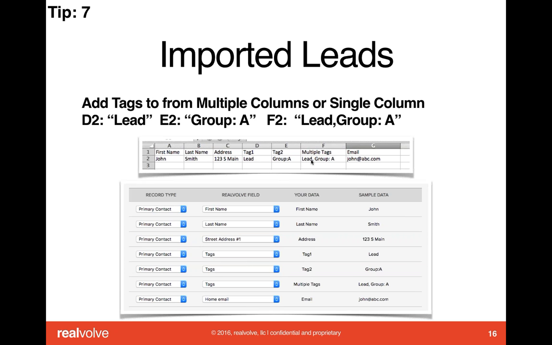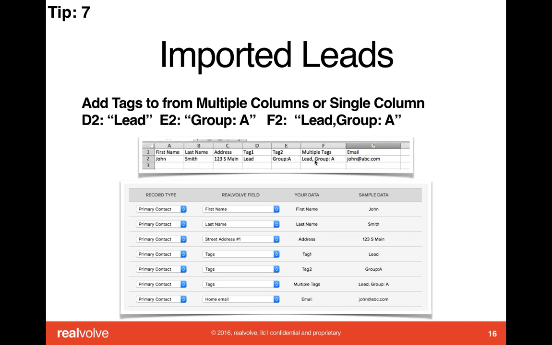What it does here is it looks for a separator, like a comma or a semicolon, in order to differentiate this. Whenever it imports a multiple tag into the tag field, it will break them out as 2 separate tags for you and put them into your database.